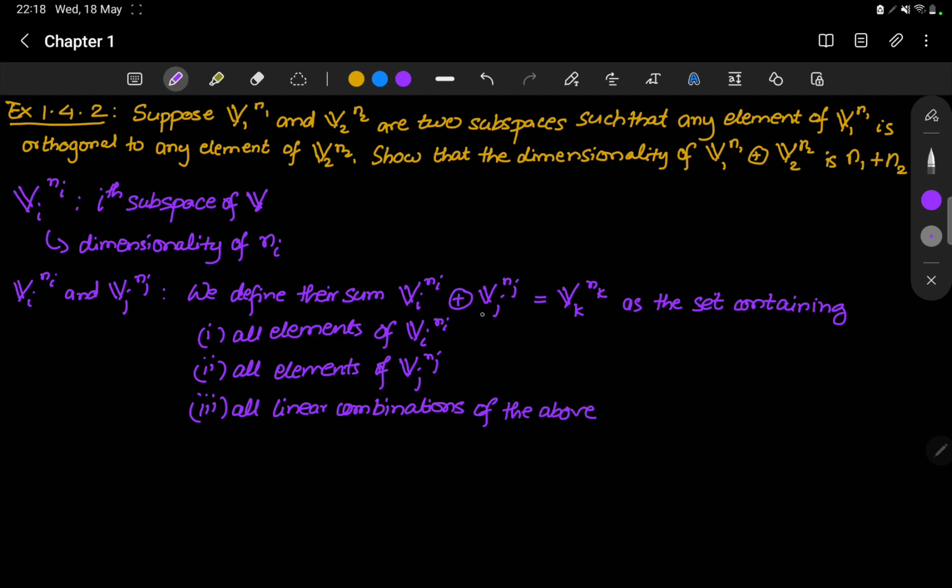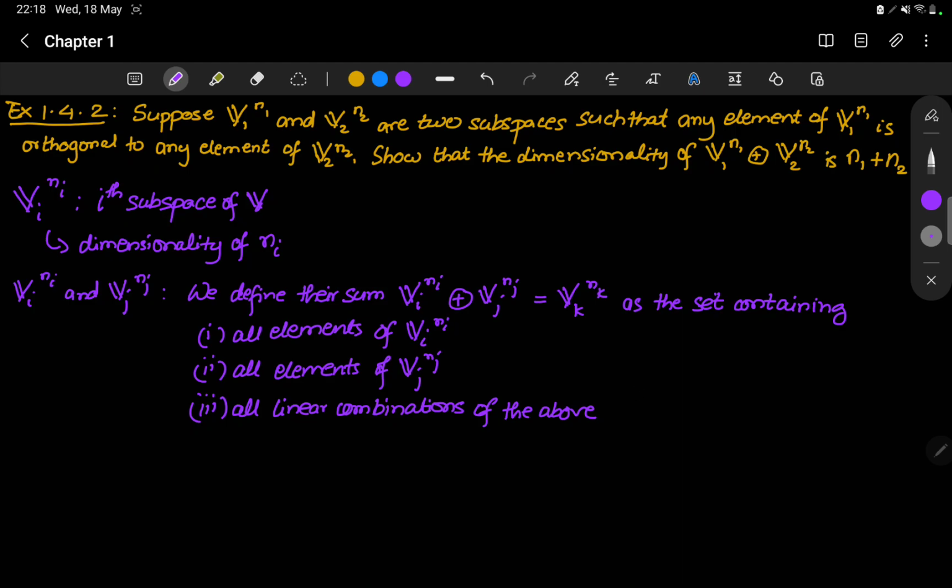So this sum of vector subspaces is defined as a subspace containing all elements present in both of these subspaces, as well as all the linear combinations of all the vectors present in both these subspaces.